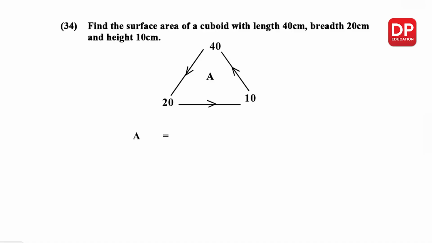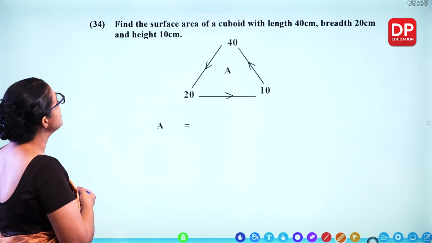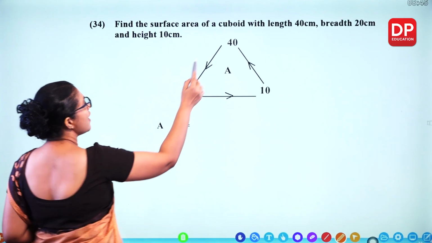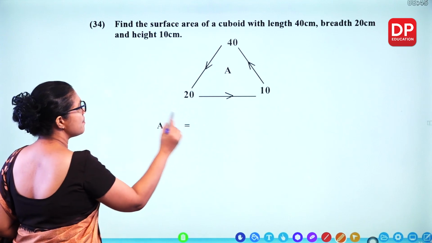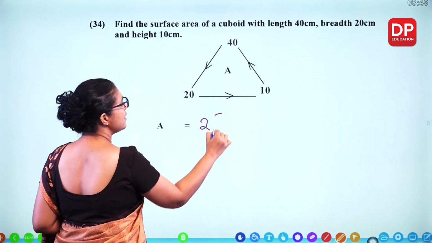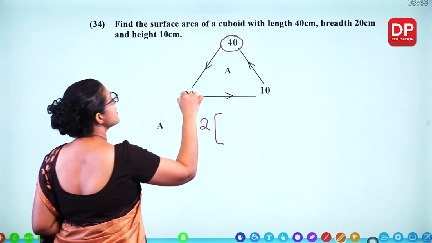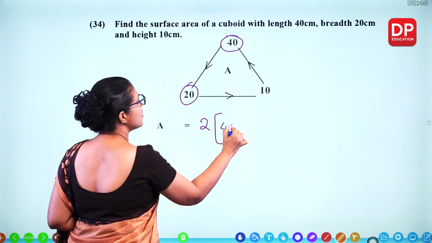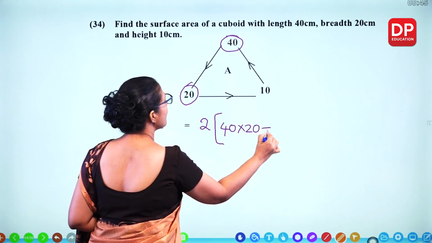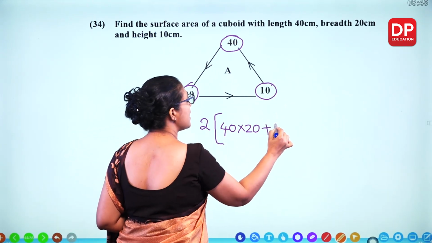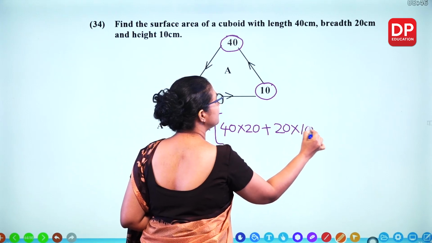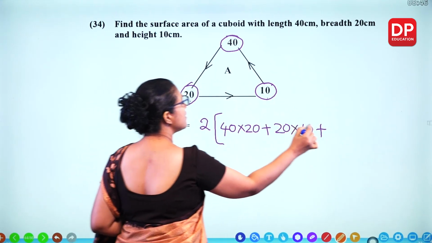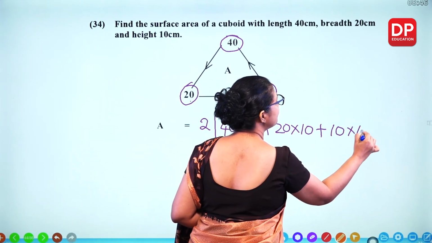Find the surface area of a cuboid with length 40, breadth 20 and height 10. So write down like this and multiply 2, and then we'll take this and this, 40 and 20, then 20 and 10, and 10 and 40.